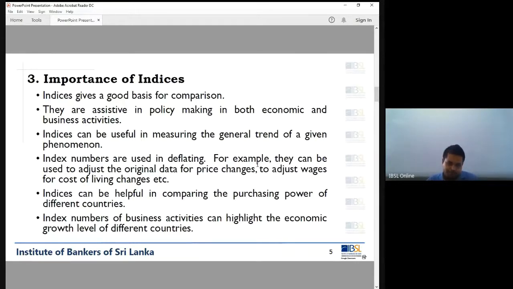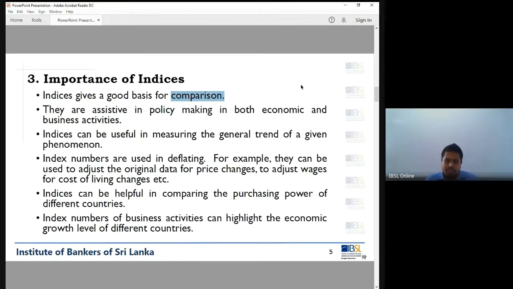First point: indices give a good basis for comparison. What do we mean by this? The reason we do indexing is that we are trying to understand the variability of a phenomenon. What if we want to do this comparison over multiple periods of time in multiple geographies?